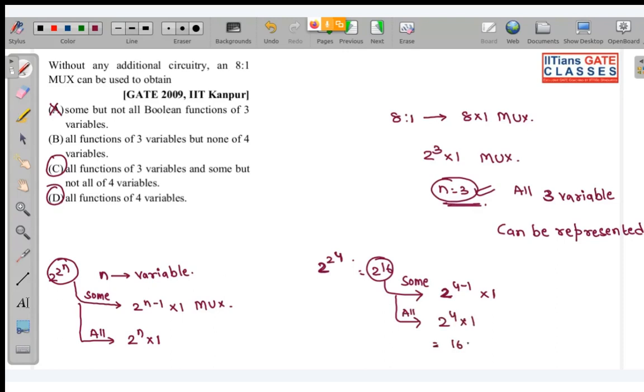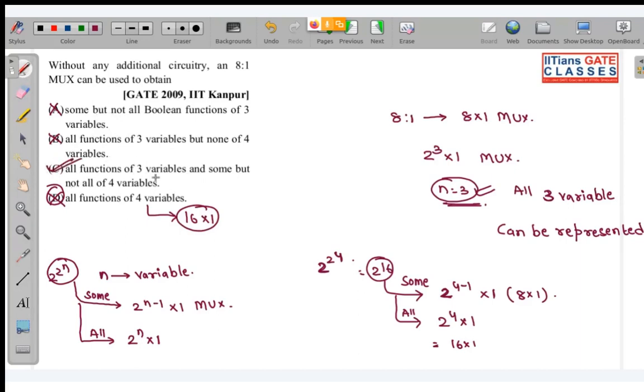So that is 16 cross 1 mux, and this is 8 cross 1 mux. So some of them can be implemented. So this option is wrong. Option D, all functions of 4 variable, wrong. All functions of 4 variable can be represented using a 16 cross 1 mux. So that means the only remaining option is option C.